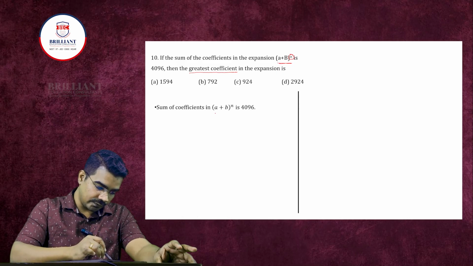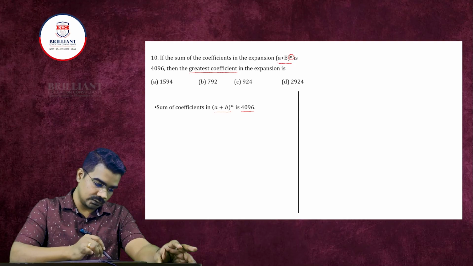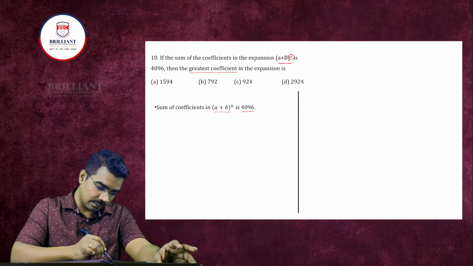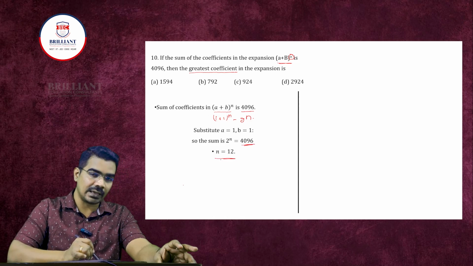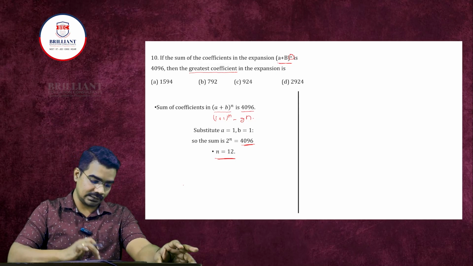So the sum of the coefficients of (a plus b) the whole raised to n is 4096. So how do you find the sum of the coefficients? For a and b, 1 plus 1 the whole raised to n, that is 2 raised to n. So 2 raised to n is given as 4096. From that you get n is equal to 12, because 2 to the power 12 is 4096.